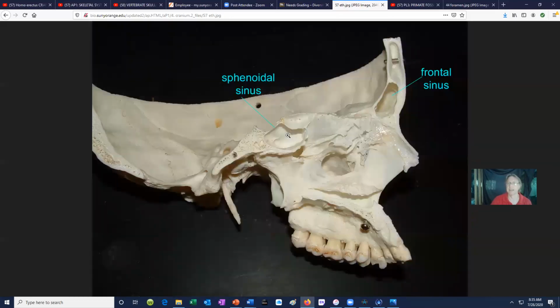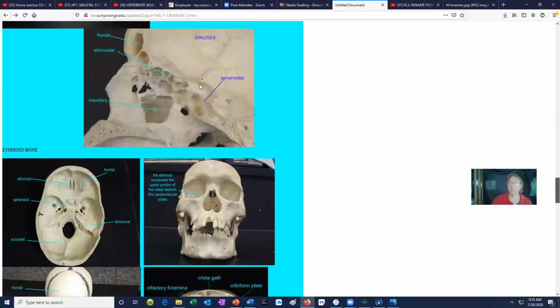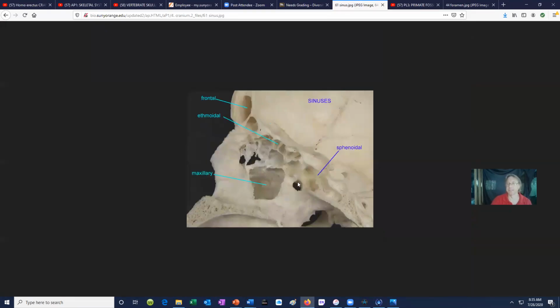Here is the sphenoid in the center, that sella turcica, the sphenoidal sinus, and the frontal sinus. And then the final bone of the cranium, the ethmoid, also has a sinus. So here you can see sphenoidal sinuses and then ethmoid sinuses as well. So the frontal, the ethmoid, and the sphenoid are the three bones of the cranium which have sinuses.